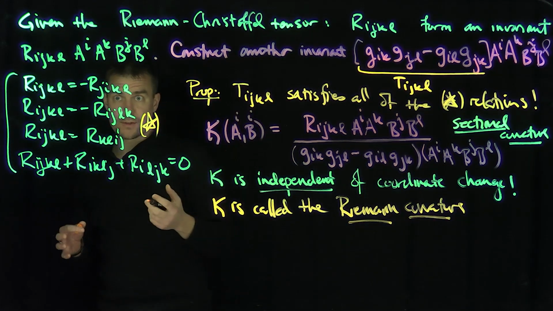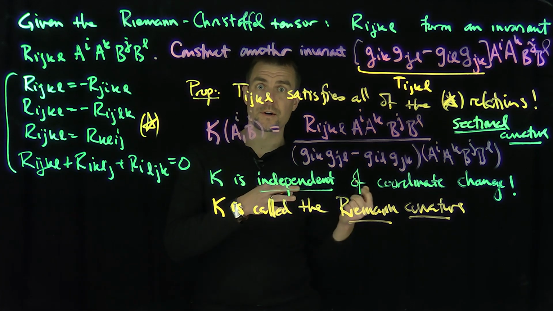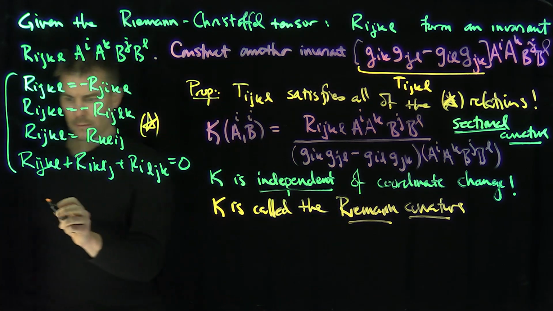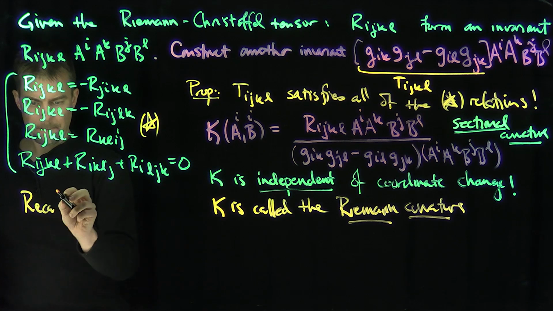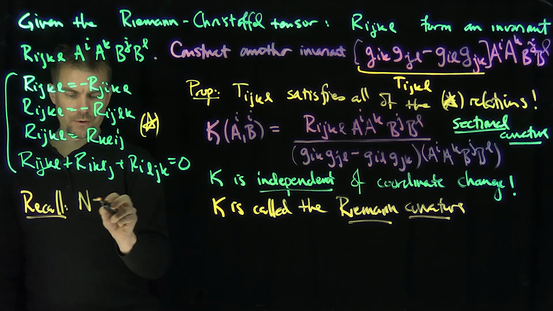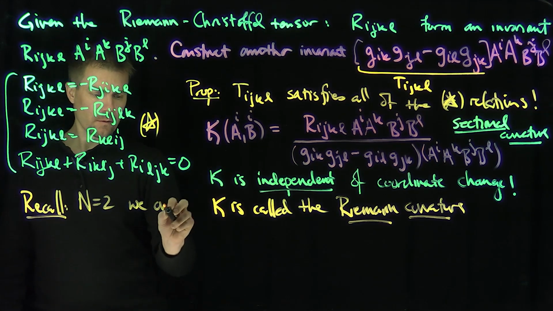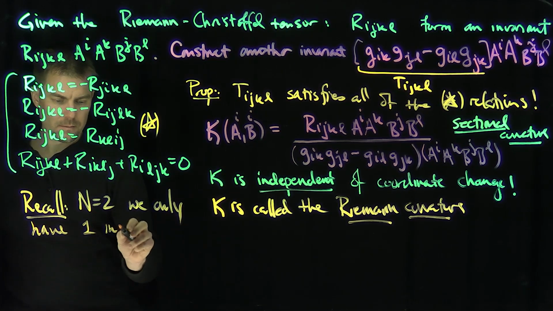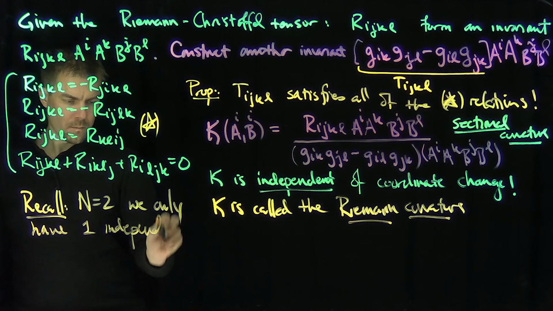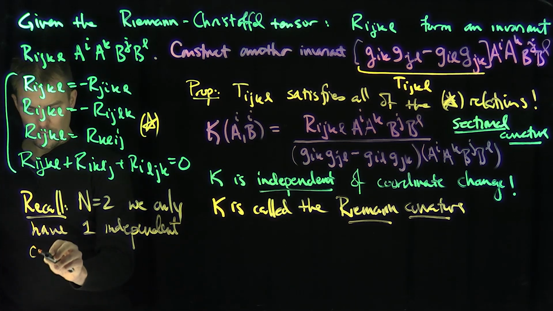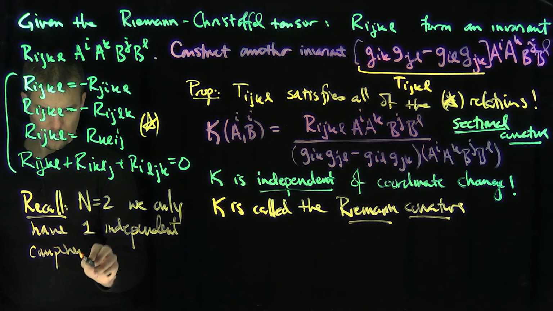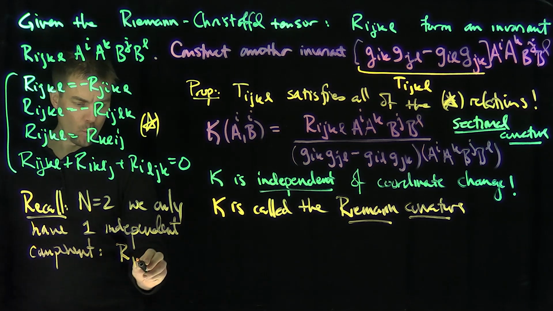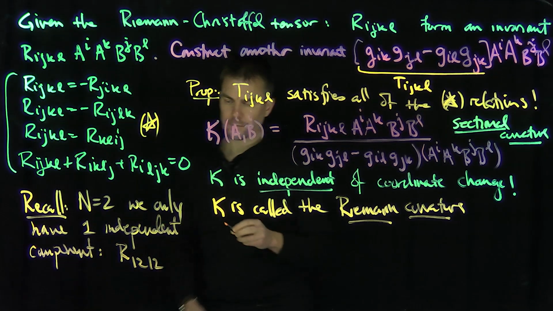Now, of course, a special case of this Riemann curvature comes when we're in two dimensions. Recall that when the dimension is equal to 2, we only have one independent component, and that component is R_1212.